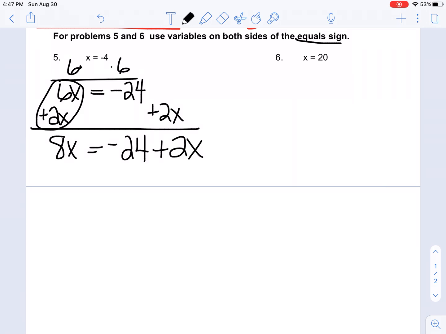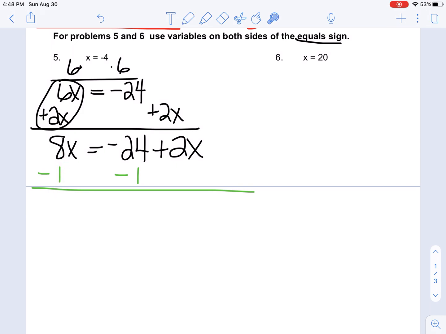Now you can stop right there if you want, because now you have an equation with variables on both sides. I'm going to do one more thing. I'm going to add or subtract a constant term to both sides. I think I'm going to subtract 1. I'm going to use subtraction, so I'm going to do -1 on both sides. 8x minus 1.